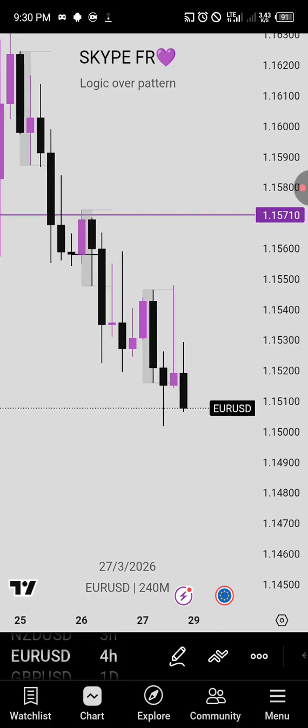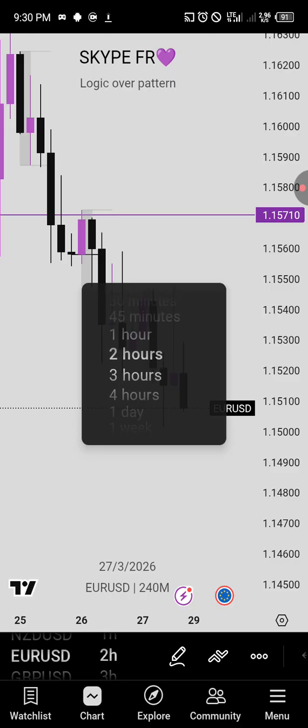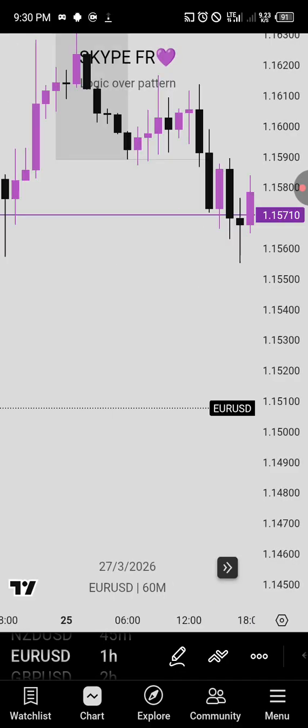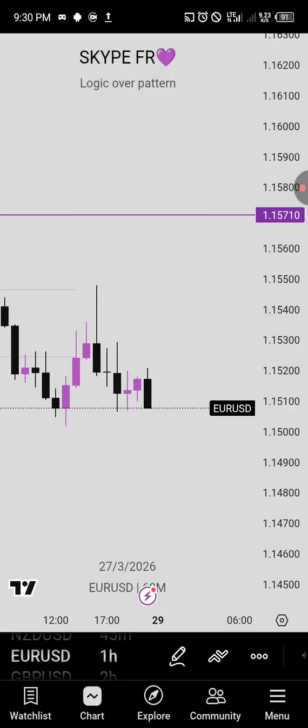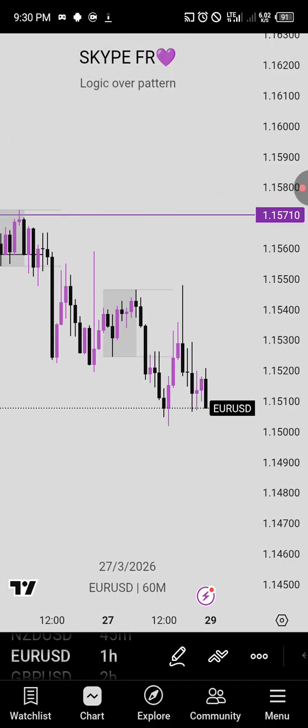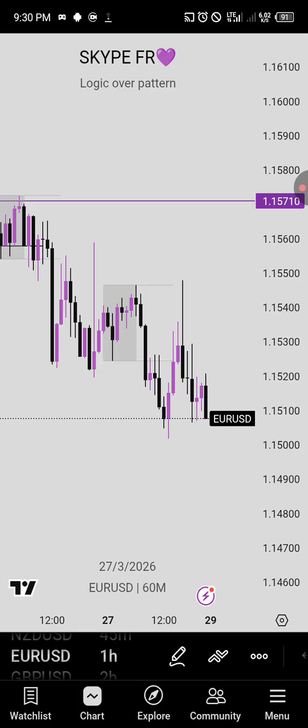Now on the H1 time frame, and mind you, especially for the daily, it's not always going to be super clear on the H1 time frame.